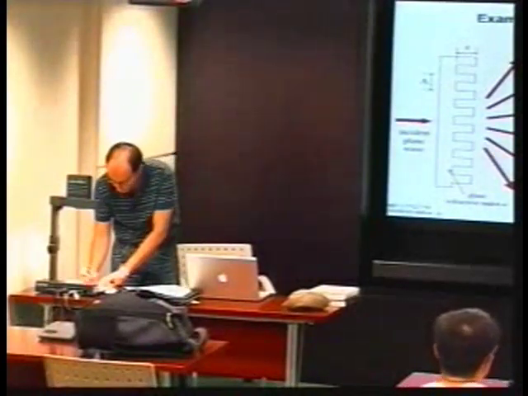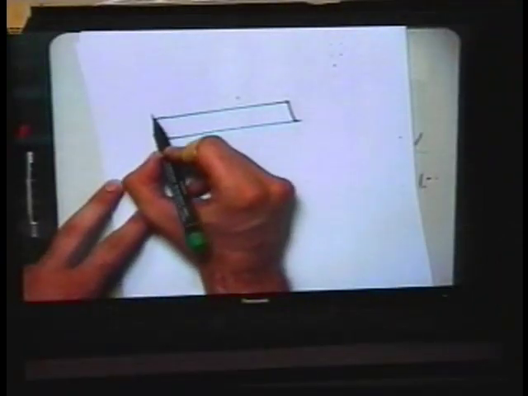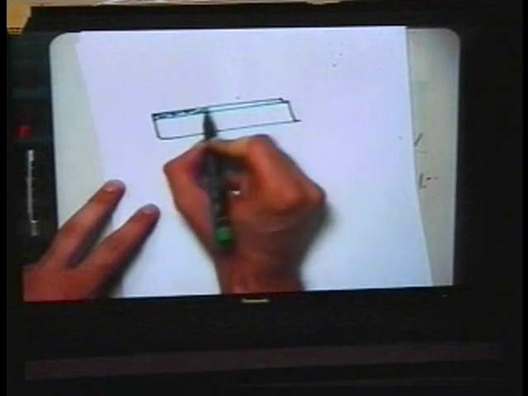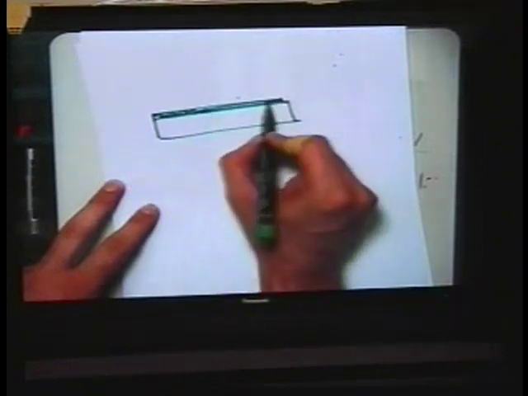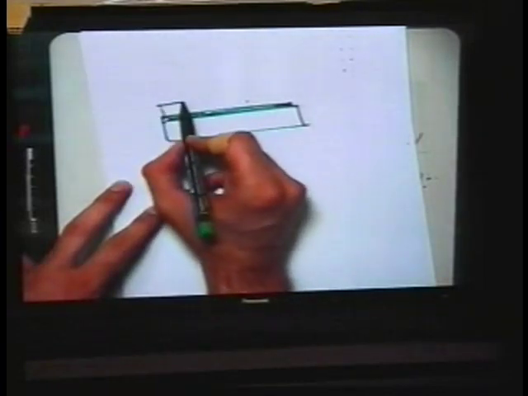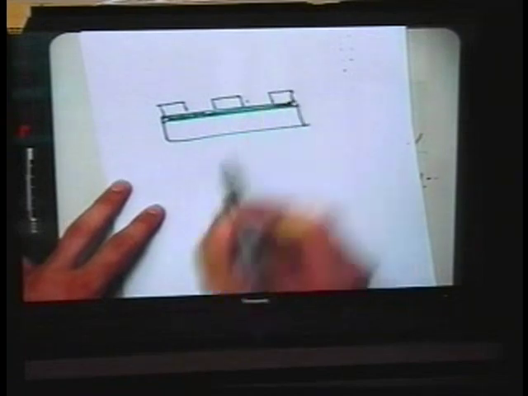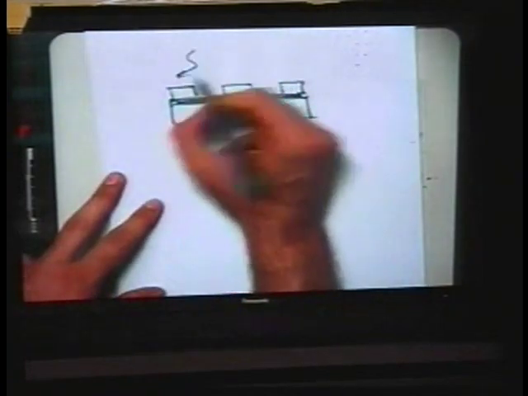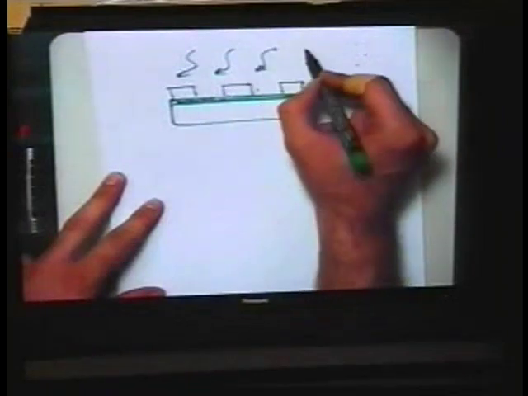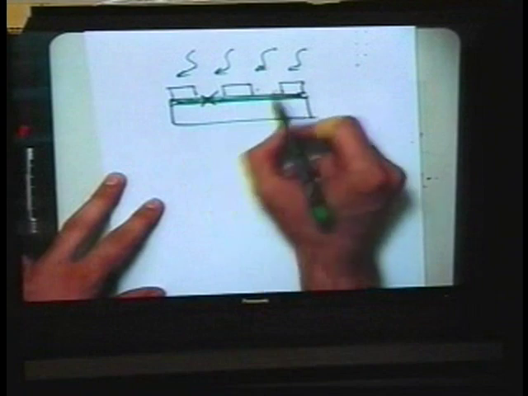So you take a piece of glass. Then you evaporate aluminum uniformly here. Then on top of it, you can put photoresist and pattern it. Then you can etch. When you etch, you will remove these parts.